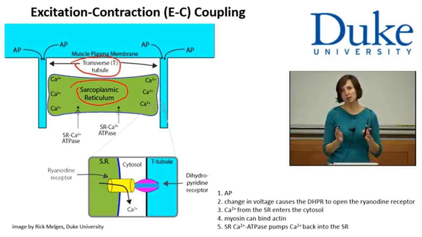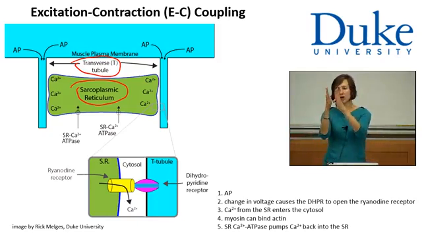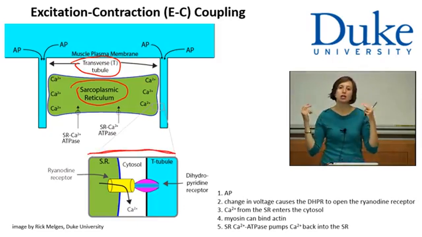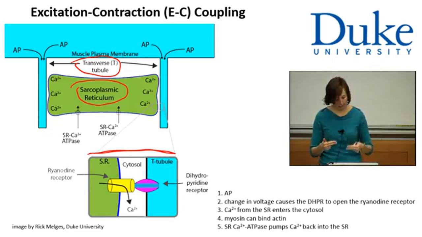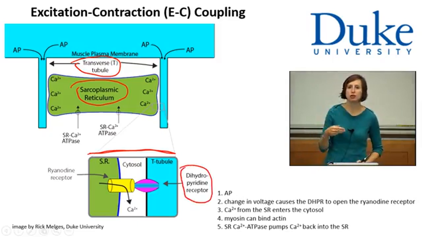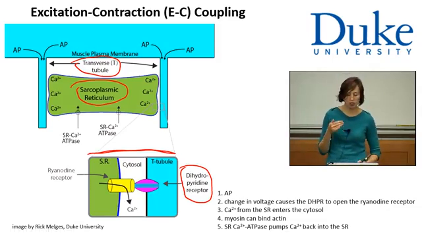This sarcoplasmic reticulum is going to have to be in very close vicinity to the T-tubules because, as shown in this window down here, we have to bring together two different membrane proteins. The first is the dihydropyridine receptor, which is sitting in the T-tubule membrane, which is actually a voltage-gated calcium channel.